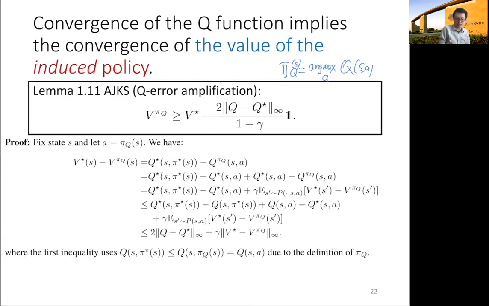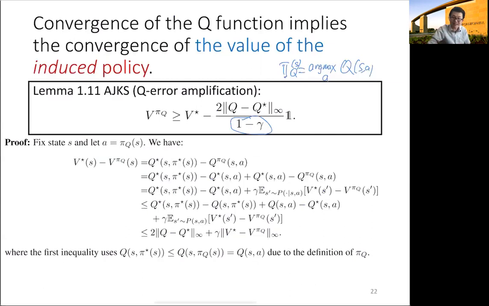It turns out that you can bound the suboptimality using how close your Q function is to the Q star function in L infinity norm, but there is a slight loss in the parameters by a factor of 1 over 1 minus gamma. Notice that gamma is usually close to 1, say 0.99. So this is like 100 times or more amplification of the error. That's why it's called Q error amplification.